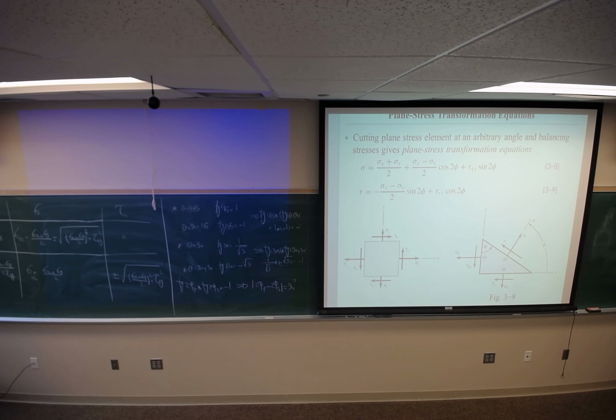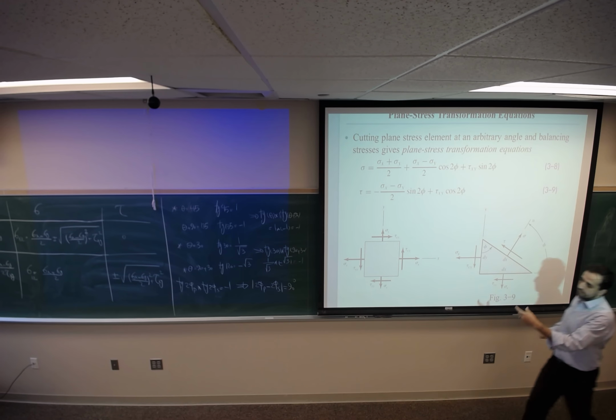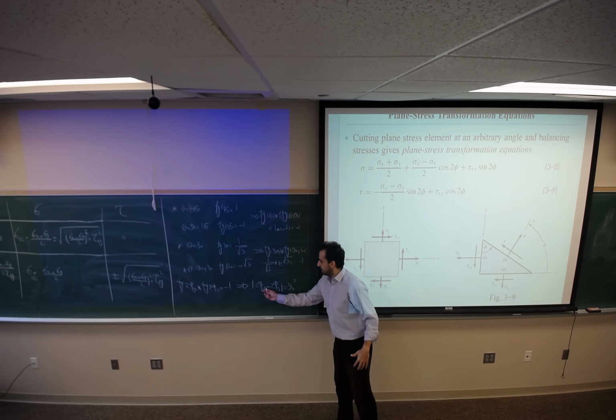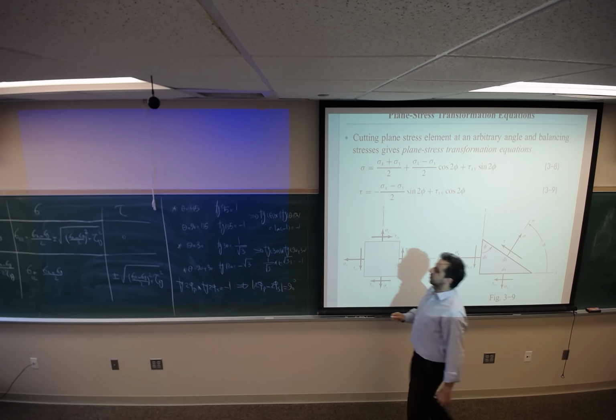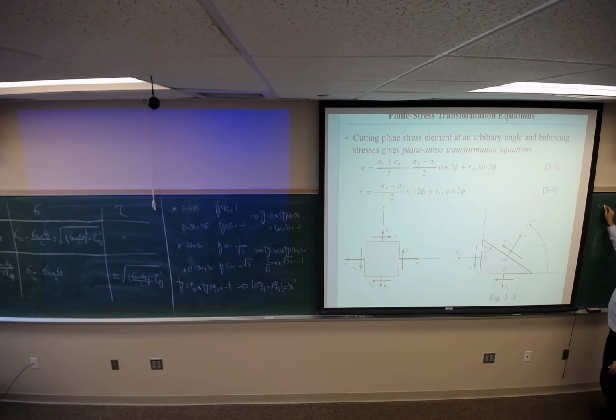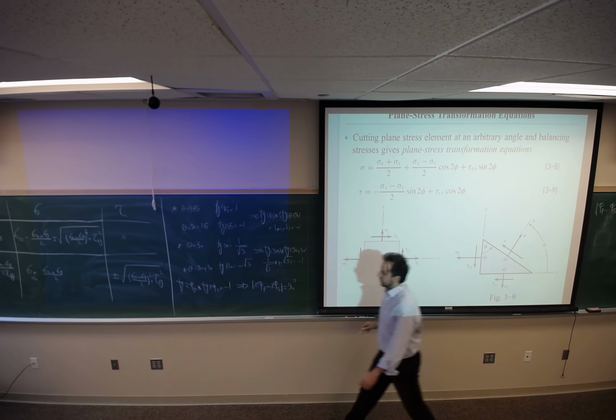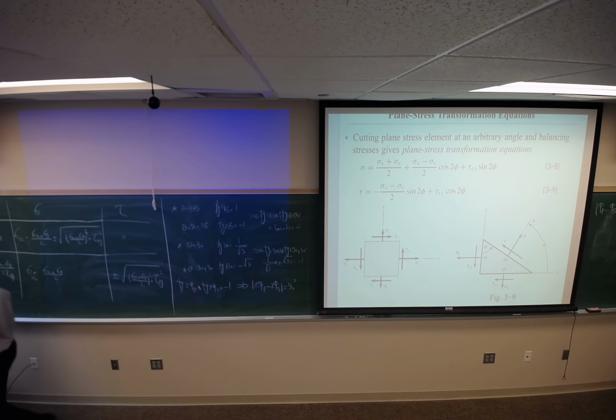But the absolute value of the difference is going to be 90 degrees. If I cancel out these two, I can say always the principal direction and principal shear stress direction, they are 45 degree offset from each other. By just looking at this.